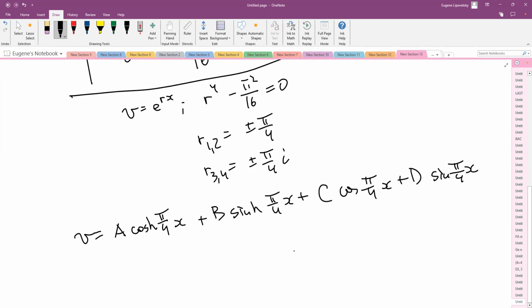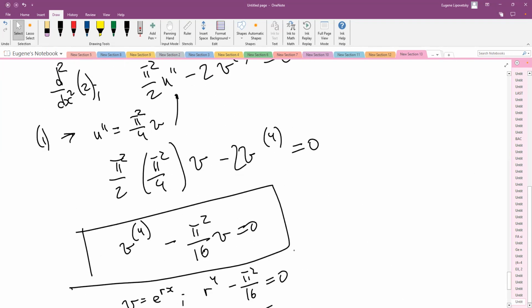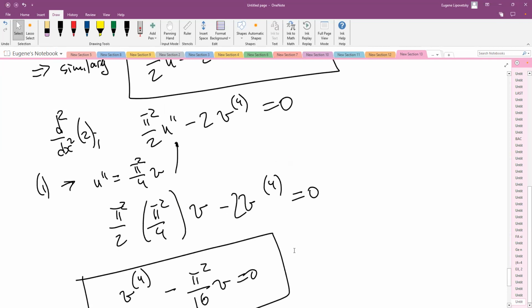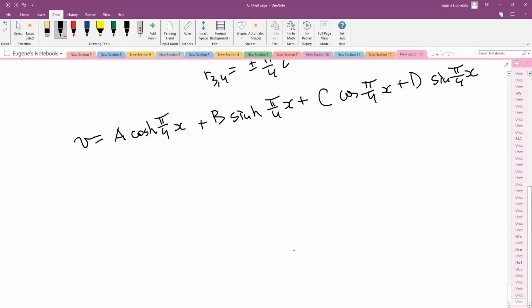Let's try to find the u, because we found this thing here. U double prime equals pi squared over 4 times v. Let's look at this.